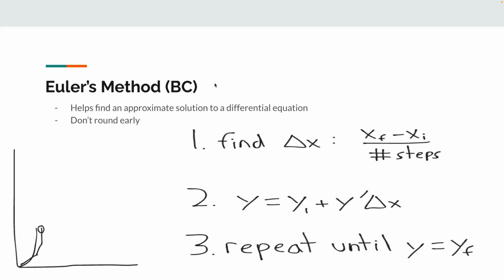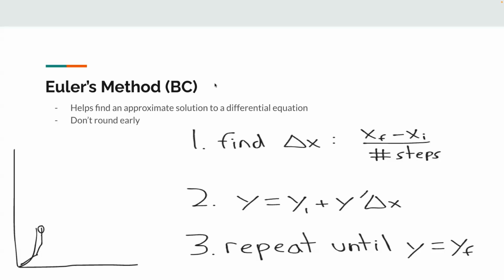And number 2, essentially, we'll go one by one and find the derivative at every single value that we encounter. So the final y will be equal to the initial y at that point, plus y prime, the derivative, times the change in x at that x value. We'll do that every time until we get to the final y value.